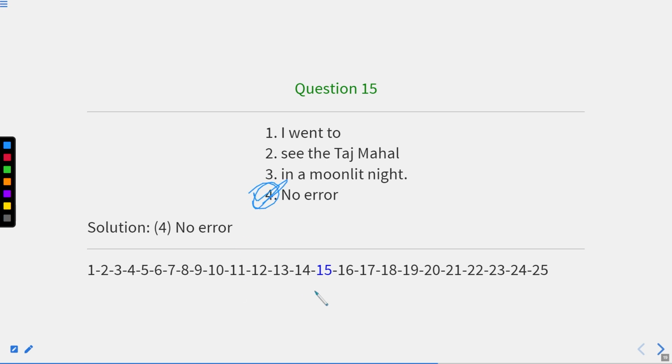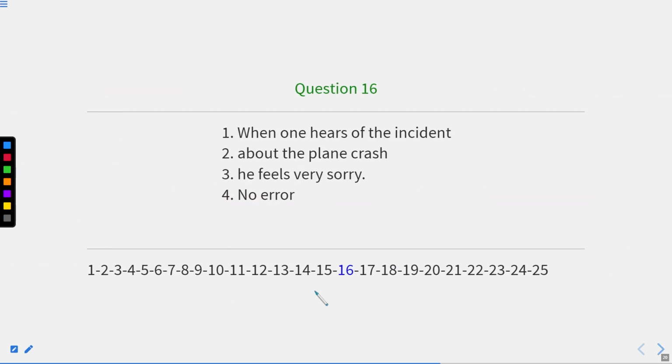Okay, now let us move to the next one. When one hears of the incident about the plane crash, he feels very sorry. Now, this plane crash, before this we have written the. Here we are not talking about a particular plane crash. In fact, we are talking about any plane crash.